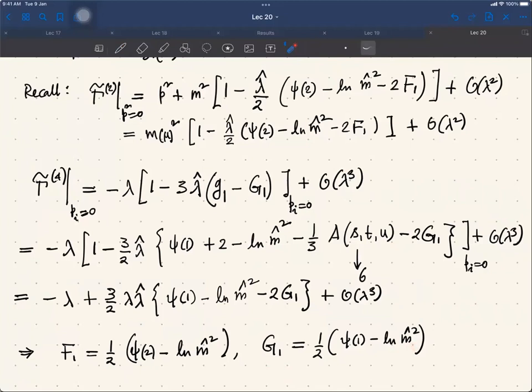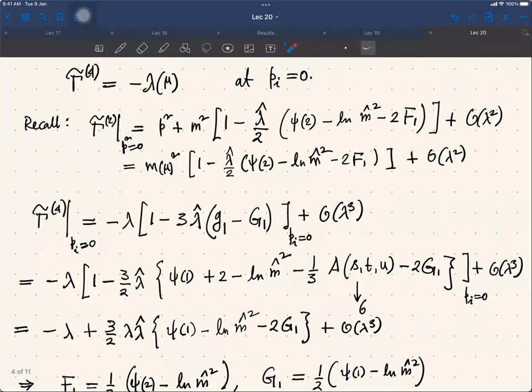And therefore, at non-zero values of P square, both gamma tilde 2 and gamma tilde 4 will be non-trivial functions. But there are no finite ambiguities, and they are written in terms of the renormalized couplings.